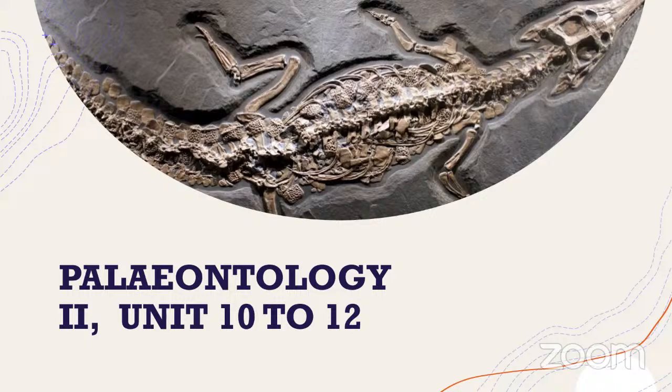These fossils are divided into microfossils, invertebrate fossils, and vertebrate fossils. In invertebrates we have covered foraminifera. Today we are covering vertebrates, which are animals having the spinal cord.